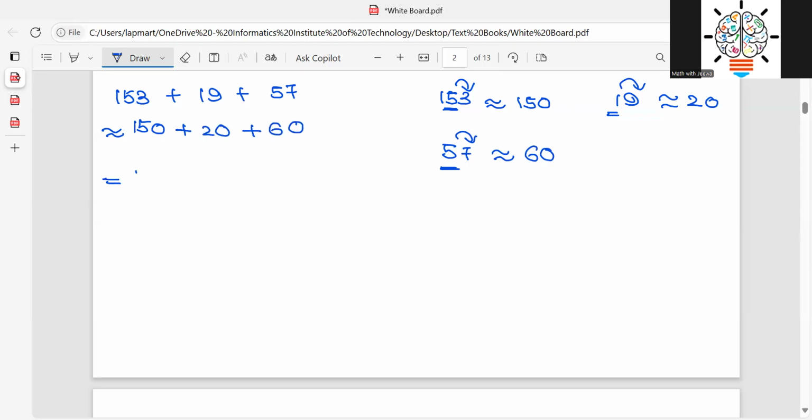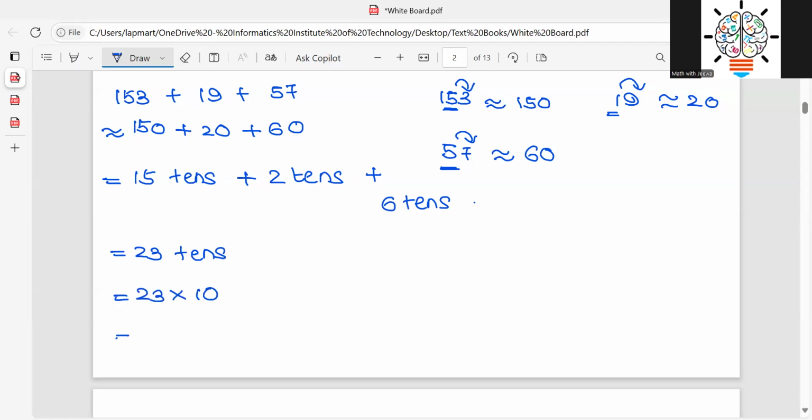So that means 15 tens, then 2 tens, 6 tens. Right? So then 15 plus 2 plus 6 is equal to 23. So we write 23 tens. That is 23 times 10, and that is equal to 230.